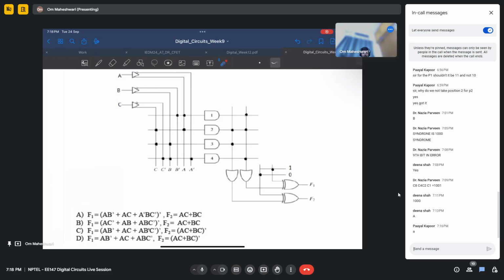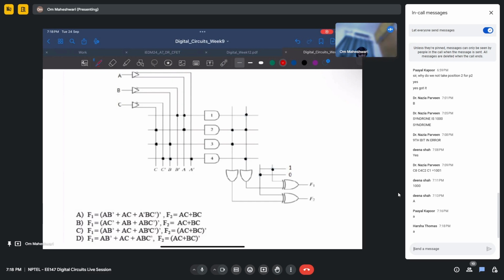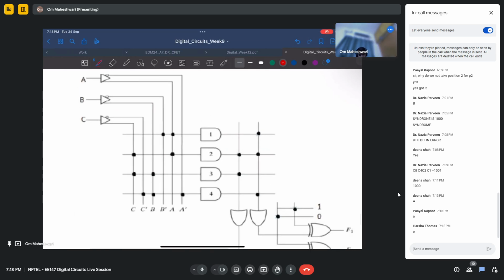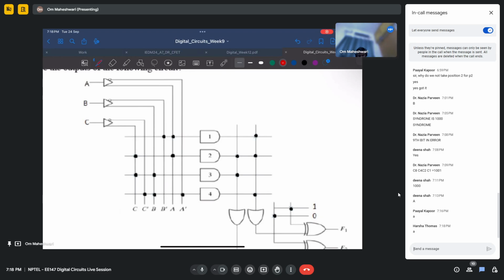Someone says A. Okay, Harsha also says A. Okay, so let us see this. Let us see what are the outputs of these AND gates 1, 2, 3, and 4. So here we have these connections. This is B bar.